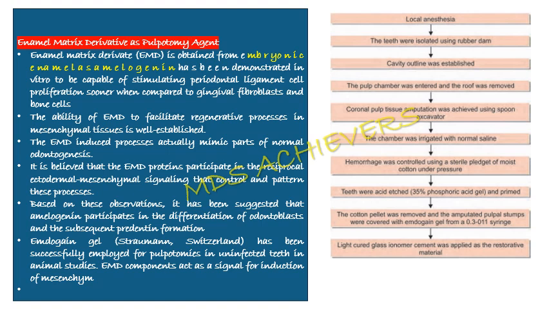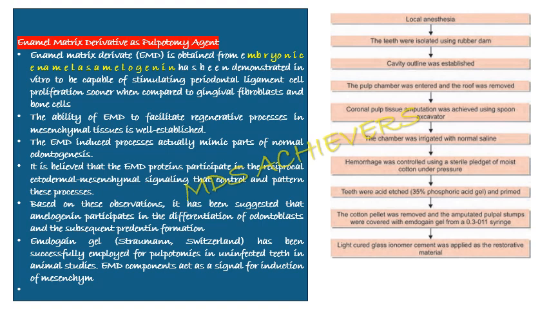Enamel matrix derivative as a pulpotomy agent is obtained from embryonic enamel. Amelogenin has been demonstrated in vitro to be capable of stimulating periodontal ligament cell proliferation sooner when compared to gingival fibroblasts and bone cells. See, ameloblast and odontoblast functions are interlinked.